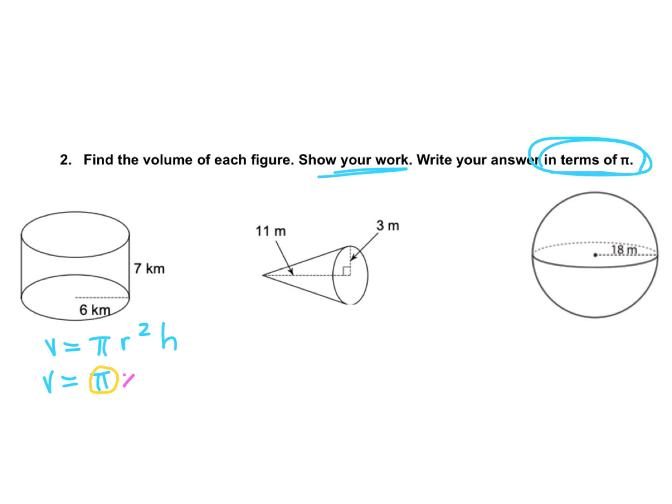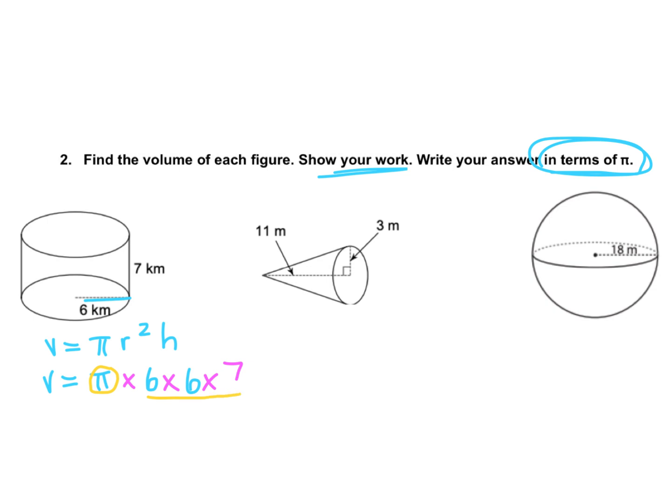Okay, so now times the radius twice. The radius is halfway across the bottom of the circle. So our radius is 6, but we need 2 of those. So 6 times 6. And the height of our cylinder is 7. So now I just do all of those calculations: 6 times 6 times 7.